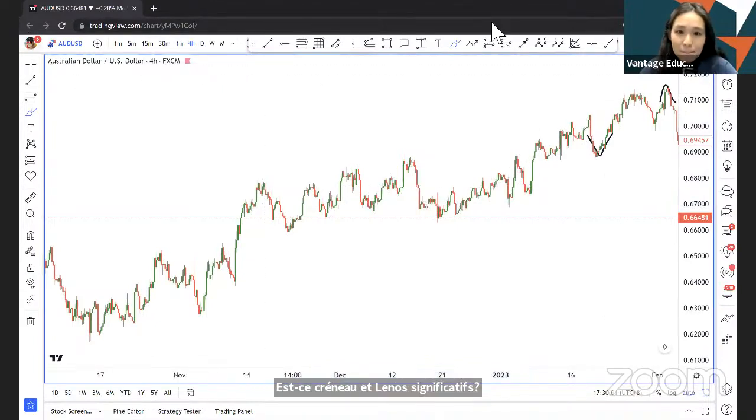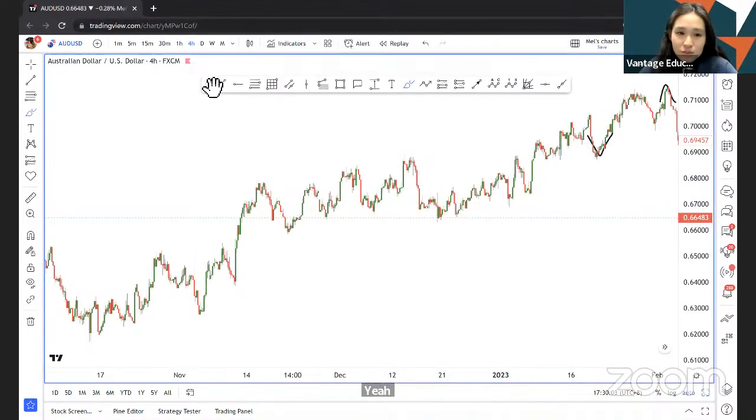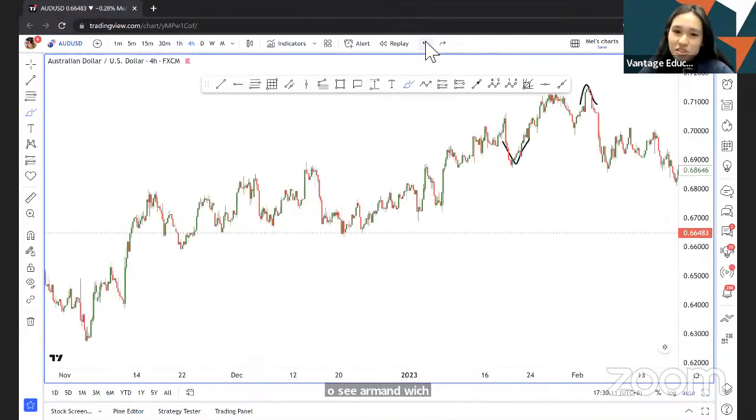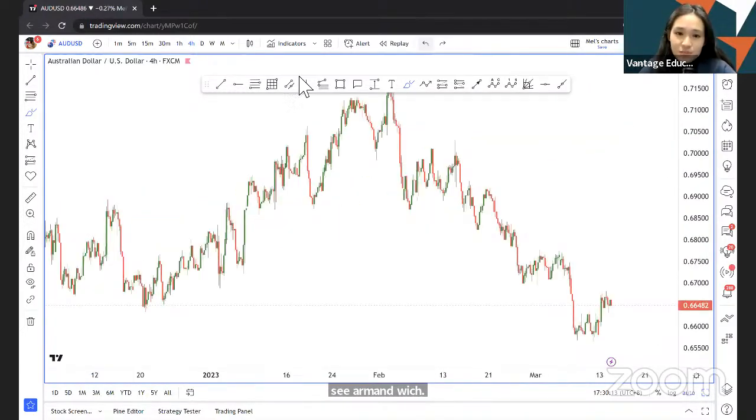So you can alternate between the hourly, 4-hourly, or daily to see which market structure is the clearest.